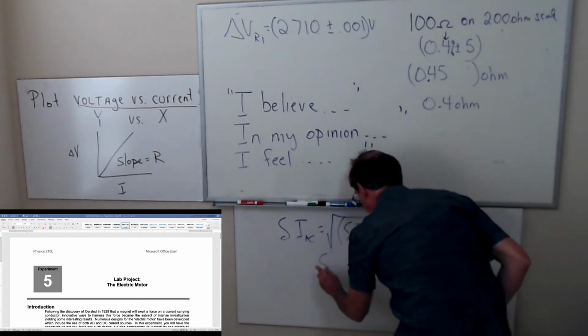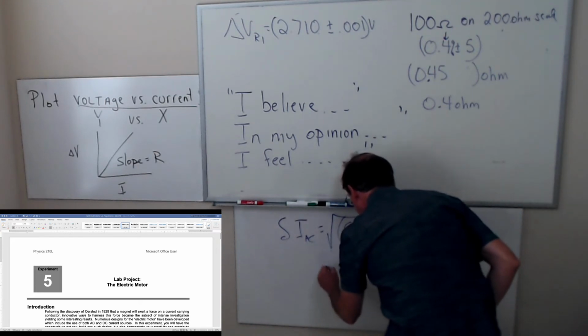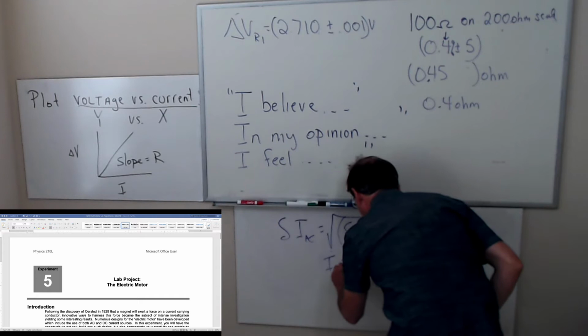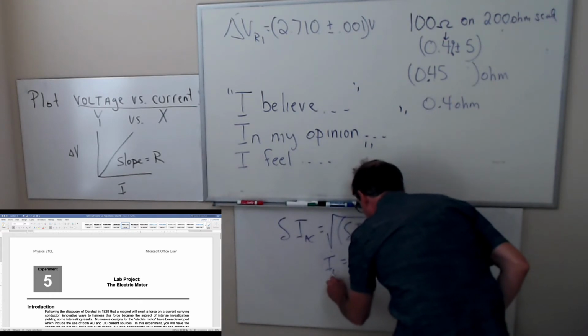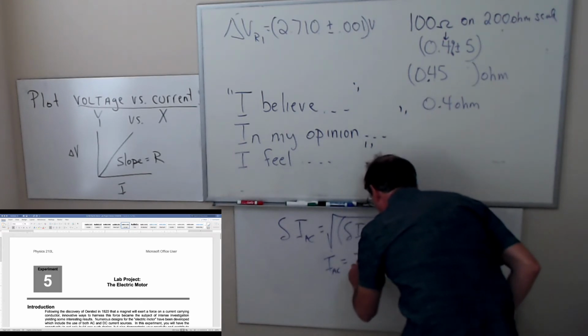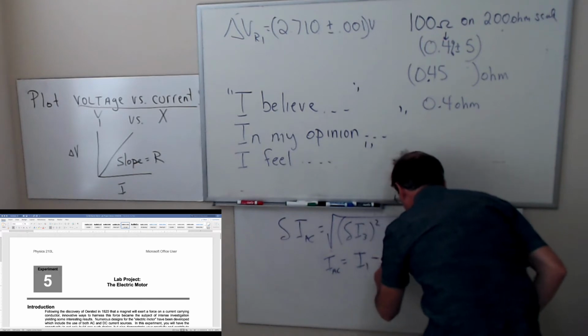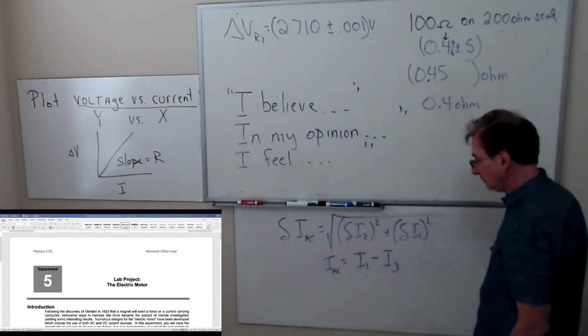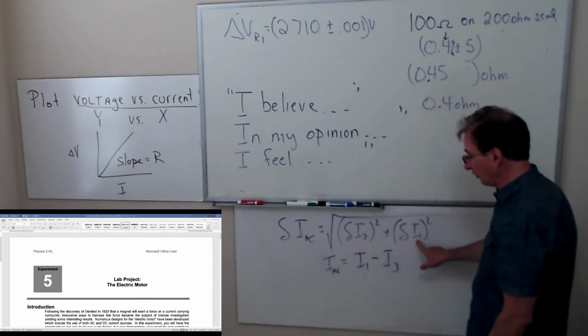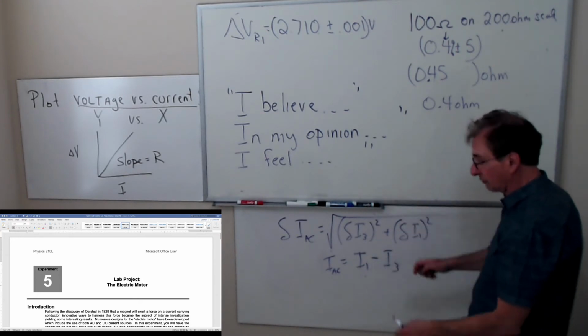Because delta IAC was I1 minus I3. And then use error propagation. If you use error propagation, this is the expression you get for the uncertainty.